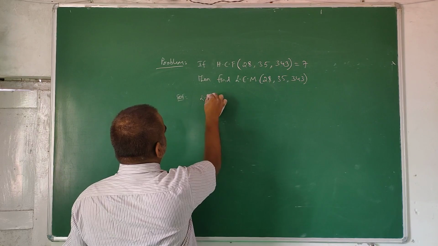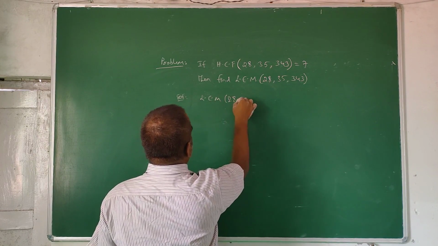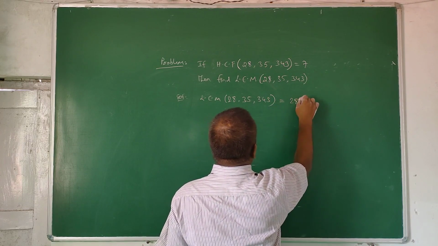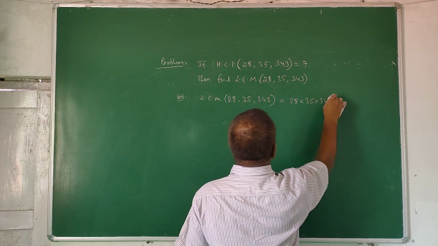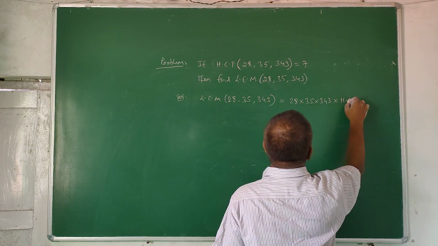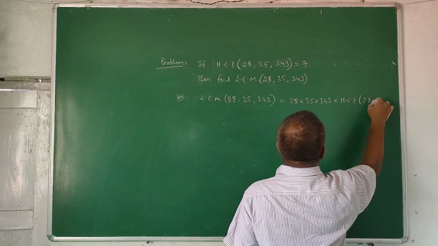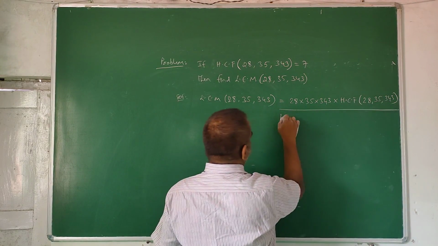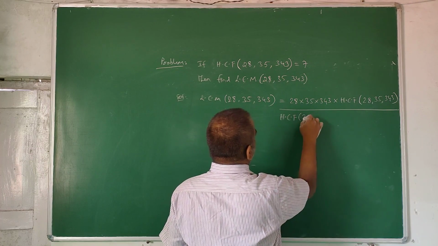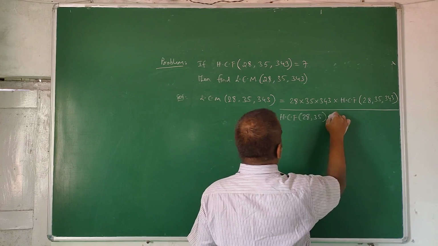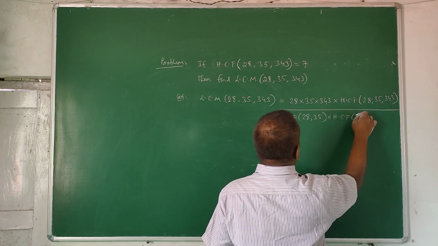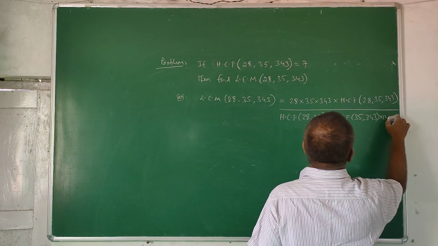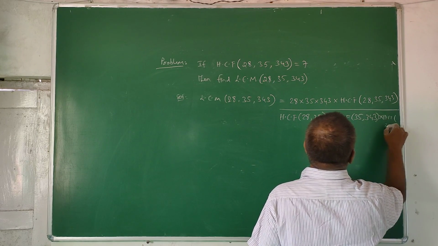LCM of 28, 35, 343 is equal to 28 into 35 into 343 into HCF of 28, 35, 343 upon HCF of 28, 35 into HCF of 35, 343 into HCF of 28, 343.